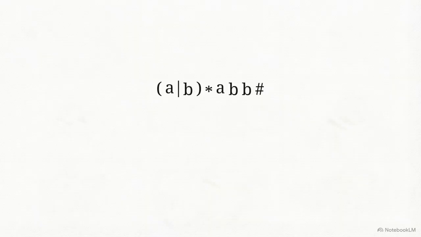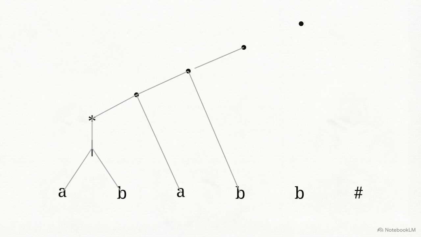Next, we translate that augmented expression into an abstract syntax tree. This moves the expression from a flat line into a hierarchy of operators, like OR nodes and concatenation nodes. The leaves of this tree, the actual characters like A, B, and the end marker, are the important states of our model. We assign each of these leaf nodes a unique integer position.